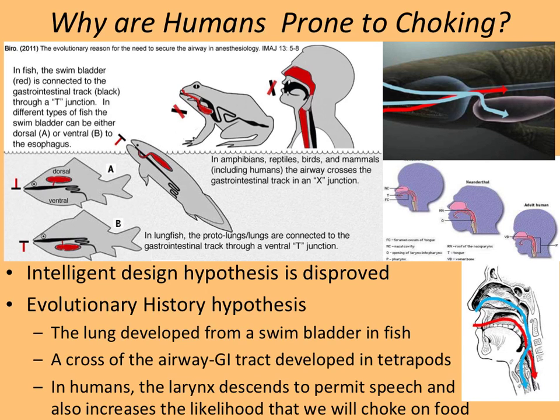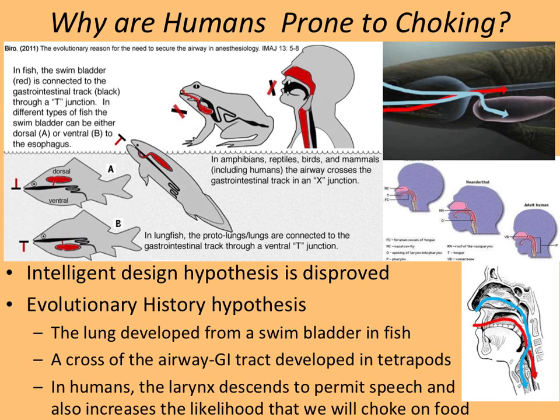First, tetrapods evolved from a lungfish ancestor. Lungfish had lungs, but those lungs actually evolved from a swim bladder that most fish have to control where they are in the water column. Okay? Now, the lung developed from a swim bladder.